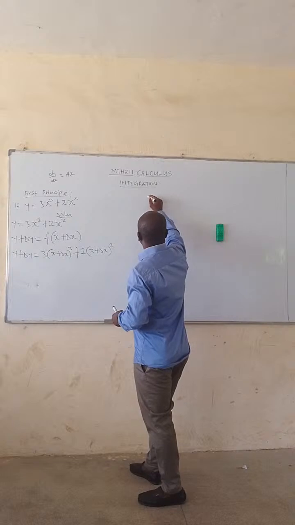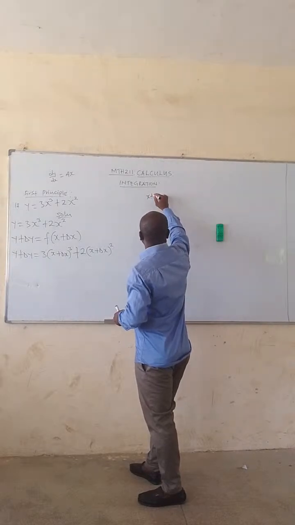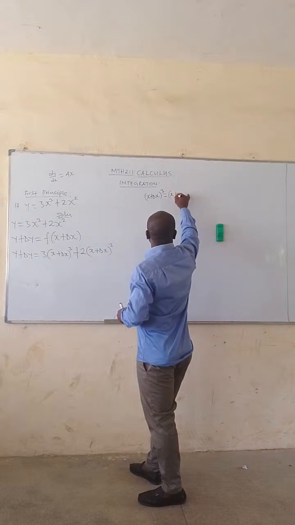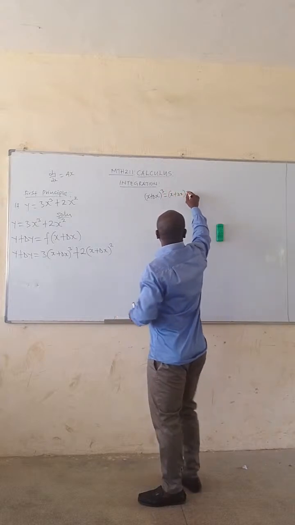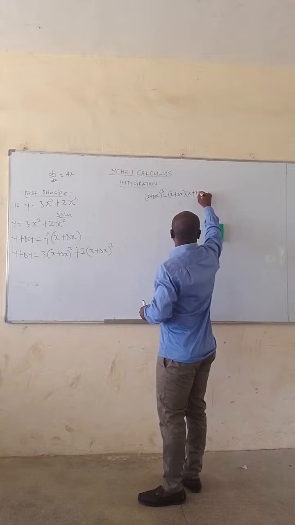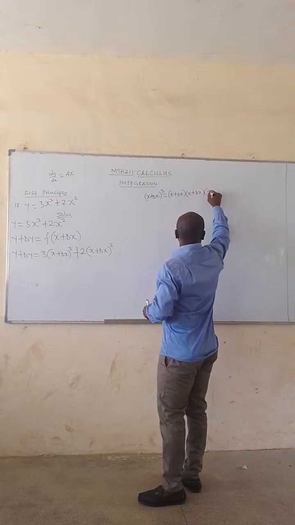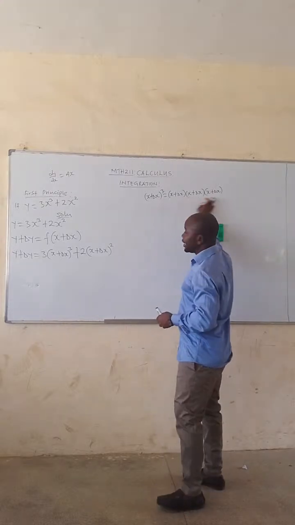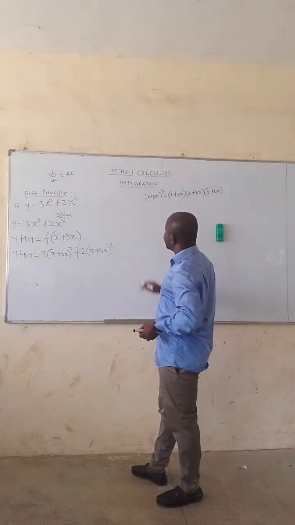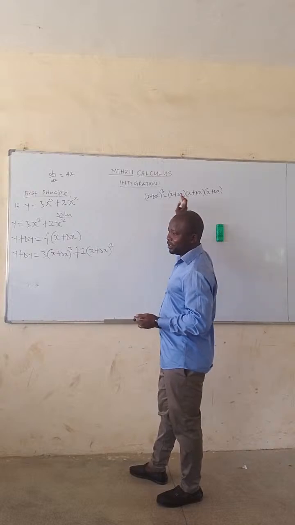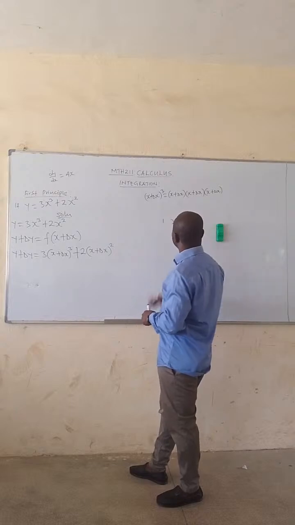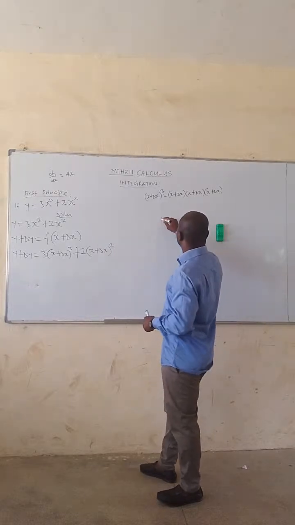When we have something of this form raised to power 3, this is the same as x plus dx times x plus dx times x plus dx. You know, this bracket into 3 places. This will take our time. This is for nursery school students. What we need is 1, 3, 3, 1 from Pascal's triangle.